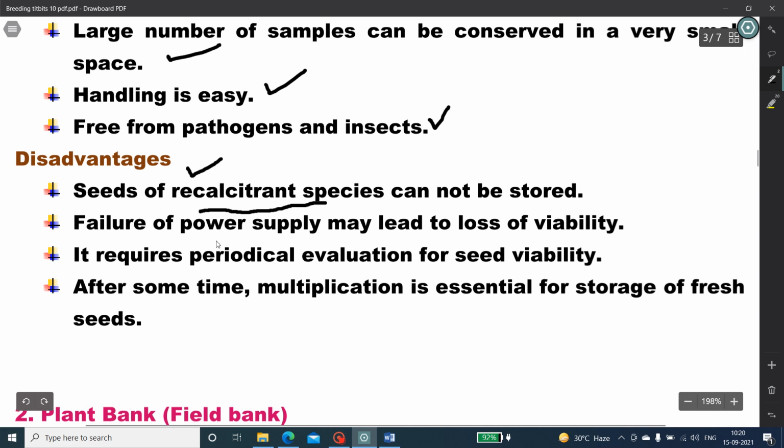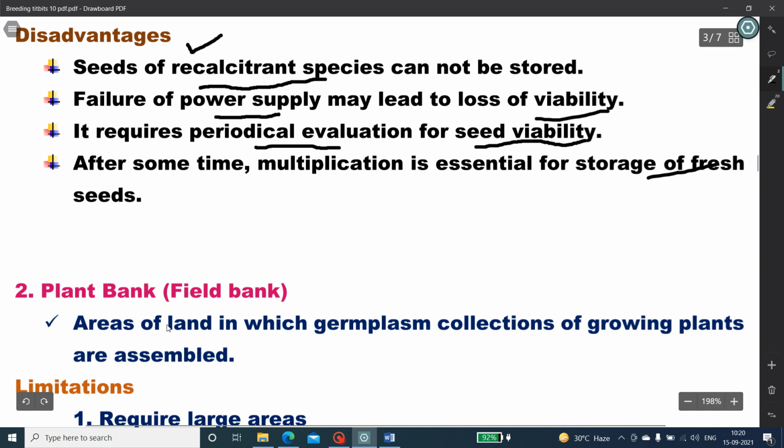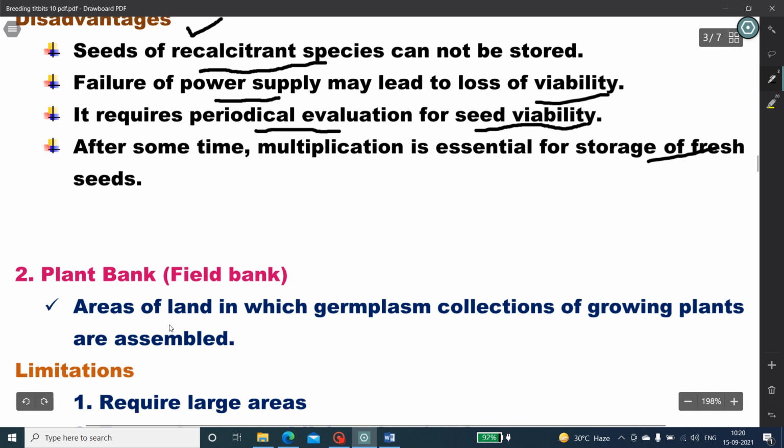And frequent power supply failure may lead to loss of viability. It also needs periodical evaluation to test seed viability, especially the germination percentage. After some time, you have to multiply these seeds, and fresh seeds are stored again to extend the storage period.